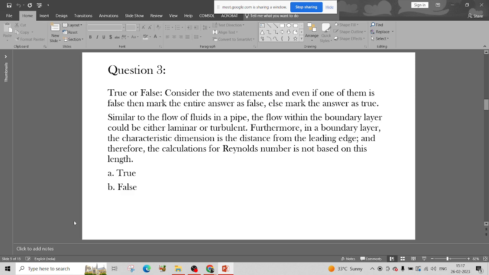Similar to the flow of fluids in a pipe, the flow within the boundary layer could be either laminar or turbulent. Furthermore, in a boundary layer, the characteristic dimension is the distance from the leading edge. Leading edge, that is the starting edge where the flow starts, the edge of the flat plate. And therefore, the calculations for the Reynolds number is not based on the length.